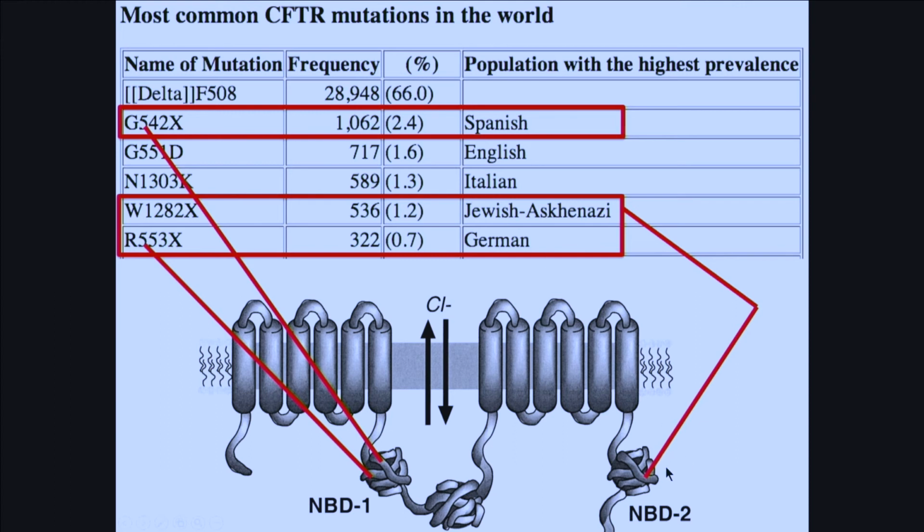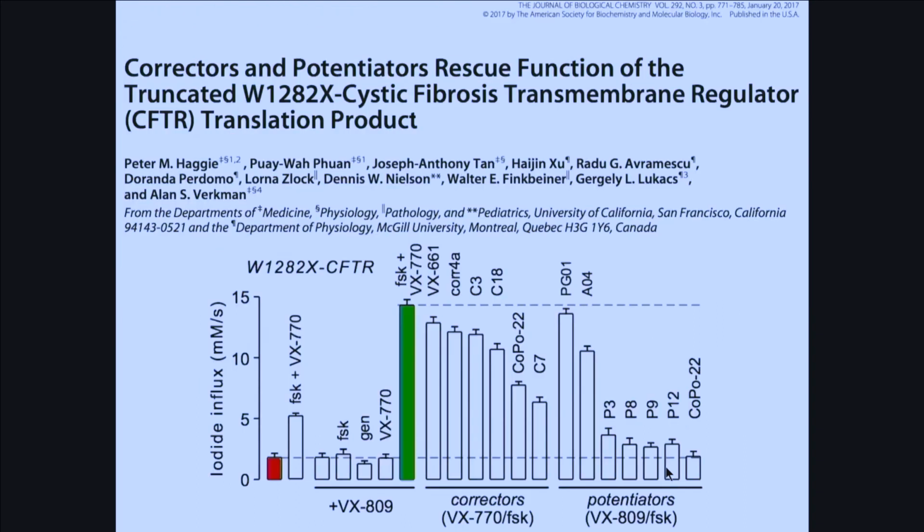And so there was a possibility of correcting this. And this is what indeed we found, using potentiators and correctors for this mutation for which there's really no other therapeutic option. And this is work done by Pete Hagge, who spoke this morning in the research track, and so I'm sorry if I'm repeating anything he said.